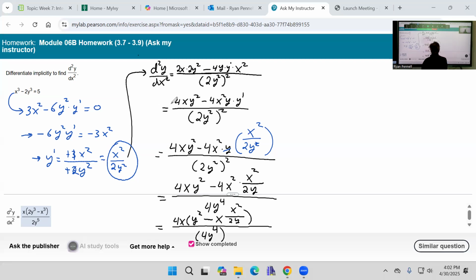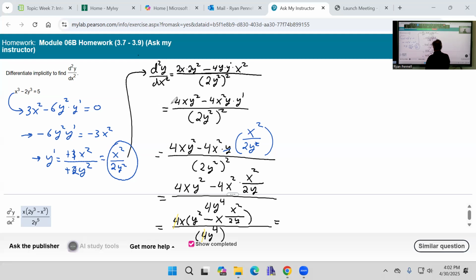Now, I think what we need to do is put everybody over the same denominator. Also, I noticed that's 4 over 4, so we don't need to carry that 4 in.